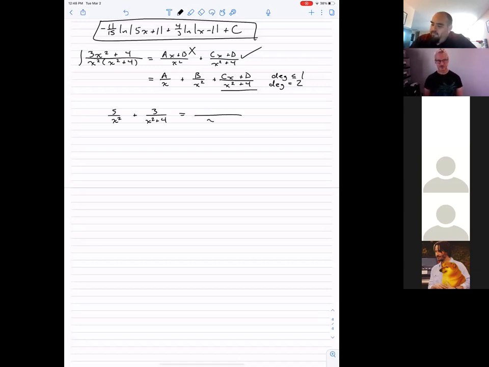It's what we started with. Right. And one thing I need to point out, and I feel like this is a hang up for a lot of people, it is not simply x squared plus 4. It is the multiplied combination of x squared times x squared plus 4.